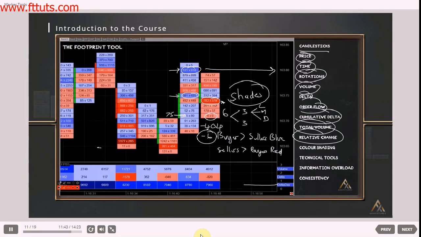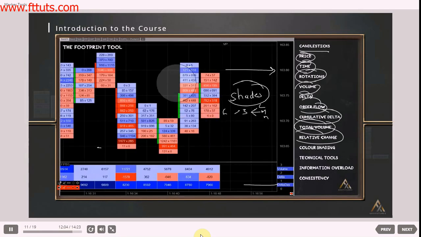To summarize, blue is when there's more positive delta or more buying interaction at each price. Red is when there's more selling interaction at each price. The shades vary according to how much of an interaction, in other words, how positive or how negative the delta is.